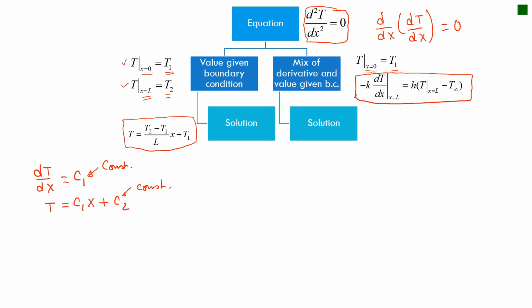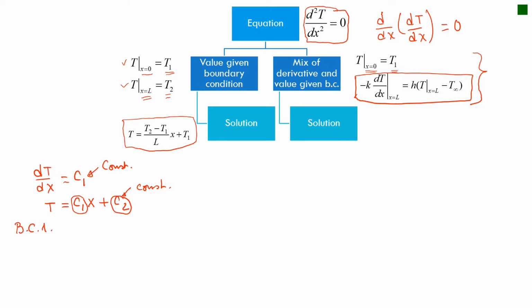And so then these C1 and C2 are the unknowns, and we evaluate C1 and C2 by using these two boundary conditions.